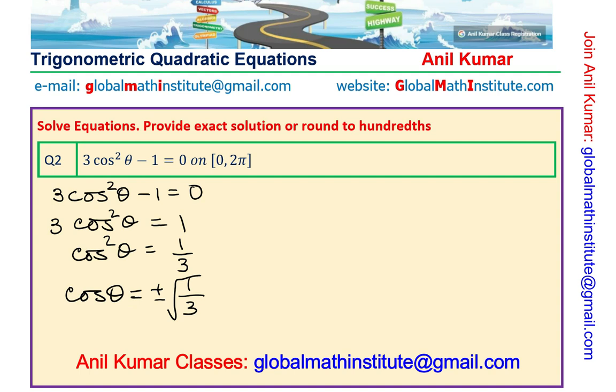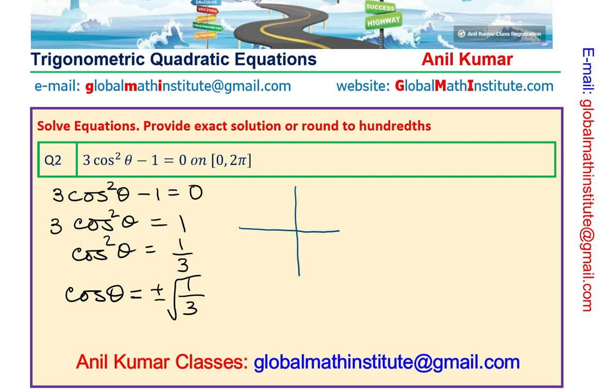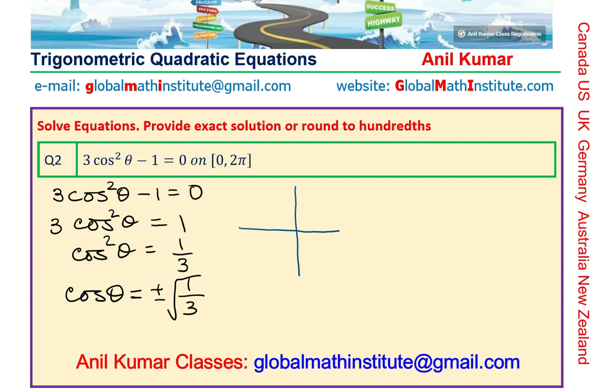Now for this, what can work? Plus and minus means that we are looking for four solutions, right? Now with 1 over square root 3, the special triangles do not really work out. So in this particular case, we need to use the calculator. Let's find the related acute angle.